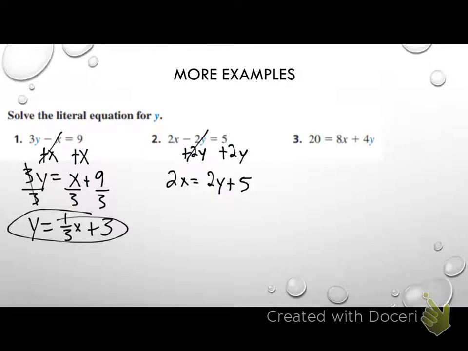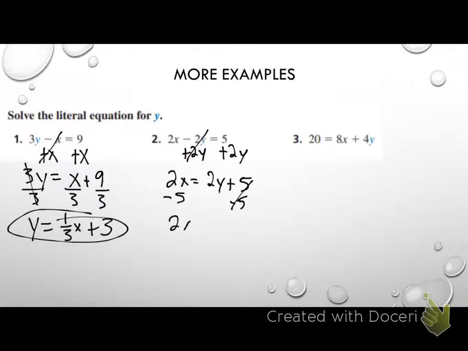Where could I go from there? Not divide yet. I don't want to divide until I get the y term by itself. So I'm trying to get 2y by itself. So what do I need to get rid of before I can divide? The 5. So how do I get rid of that 5? Subtract 5 from both sides.